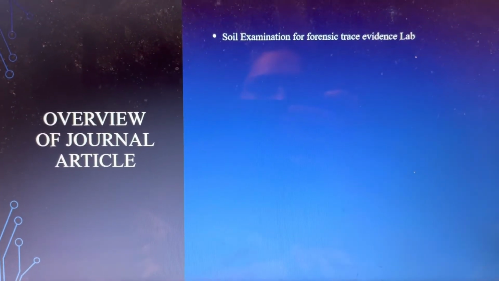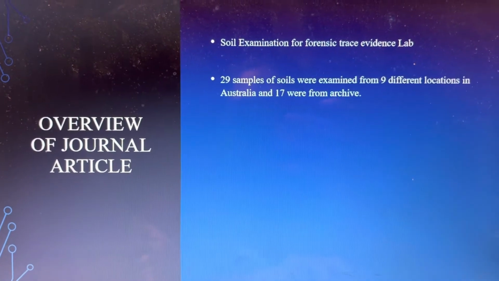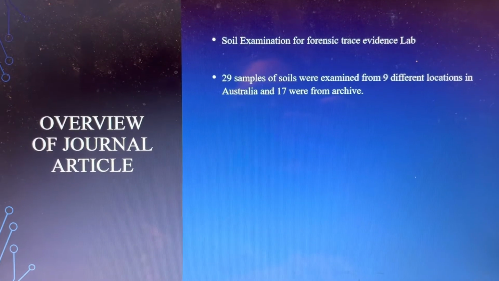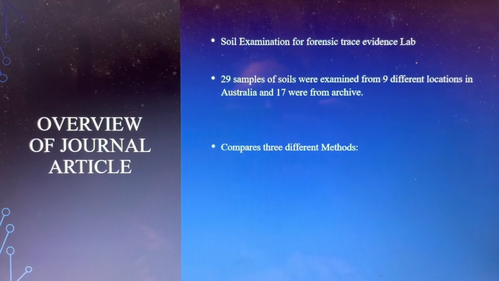So now that we know what an SEM EDX is, let's go over a review of a journal article. The article was on the soil examination of forensic trace evidence in the lab. It provides 29 samples of soils that were examined from 9 different locations in Australia, as well as 17 that were archived.